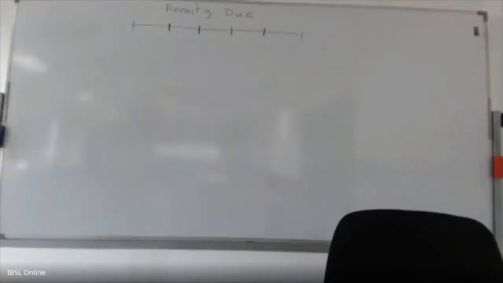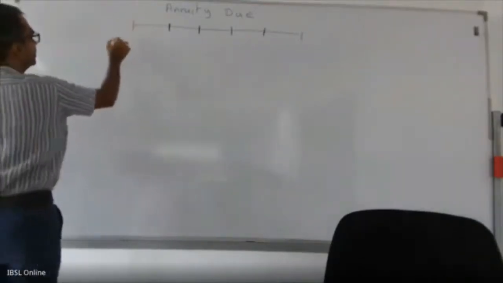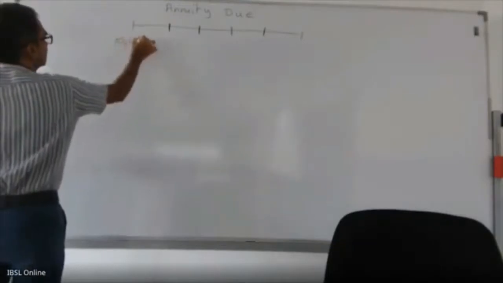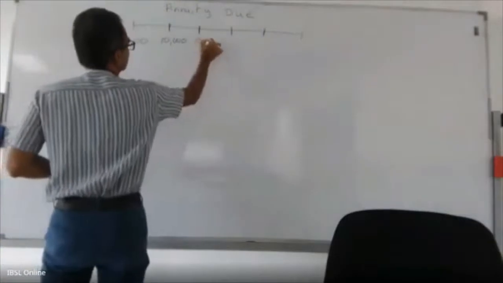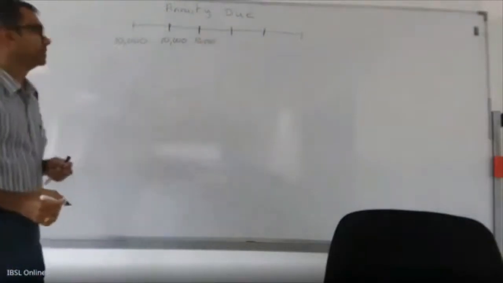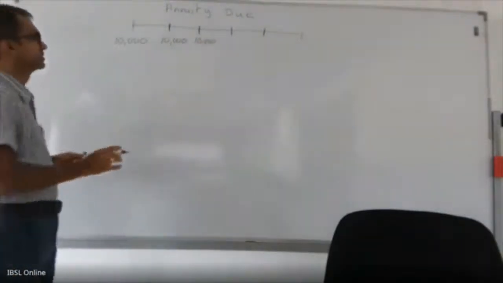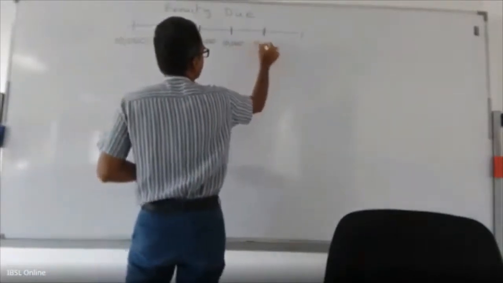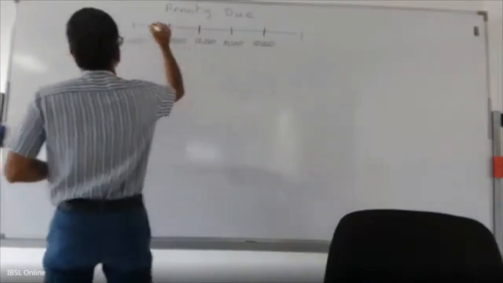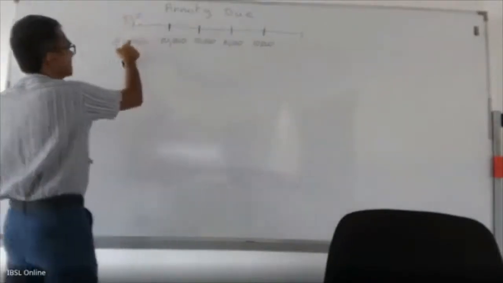So we did an example of annuity due, assuming 10,000 rupees in each period for 5 periods. This is time 0.